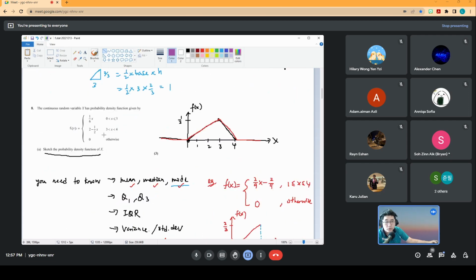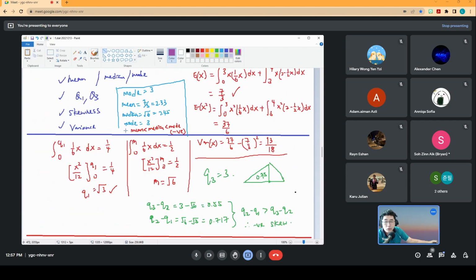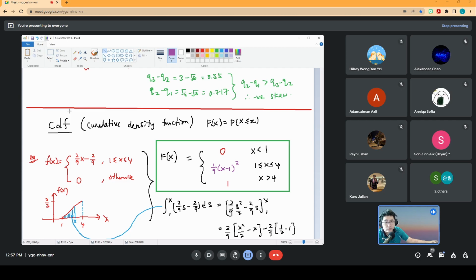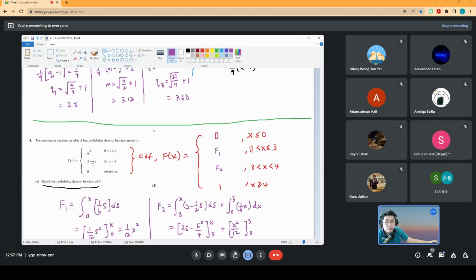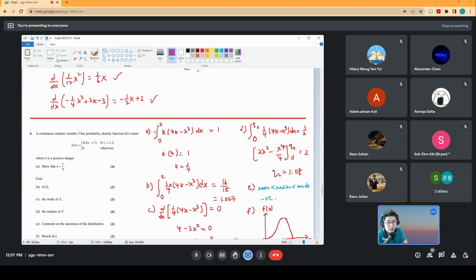CDF is actually in the further stats syllabus. So right now you are doing two things together with the CDF. CDF is actually further stats questions.